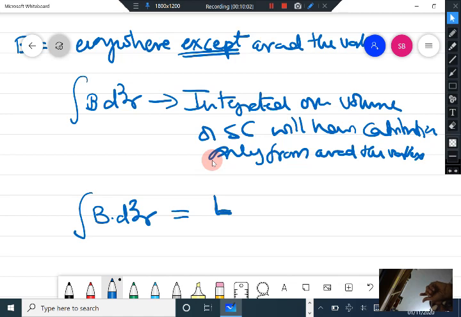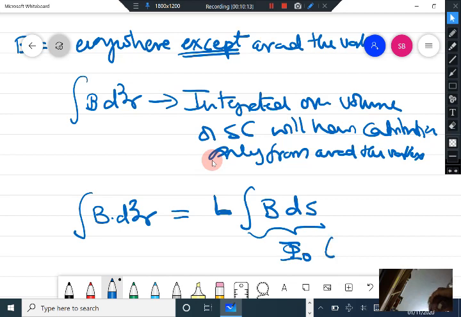L times the integral of B dot ds, and over the entire superconductor, B dot ds will be the magnetic flux phi naught, since there is a single vortex in the superconductor.